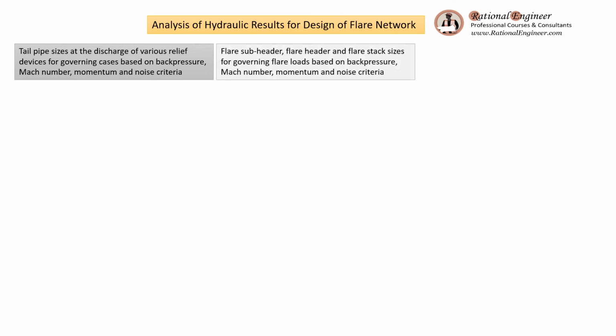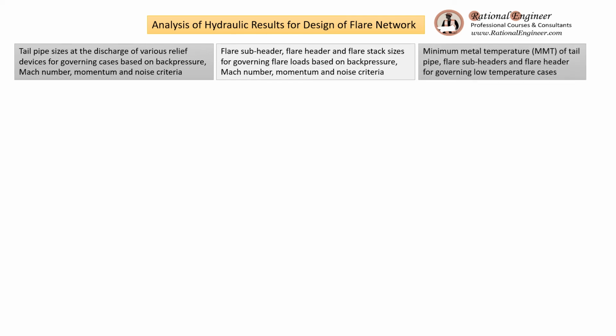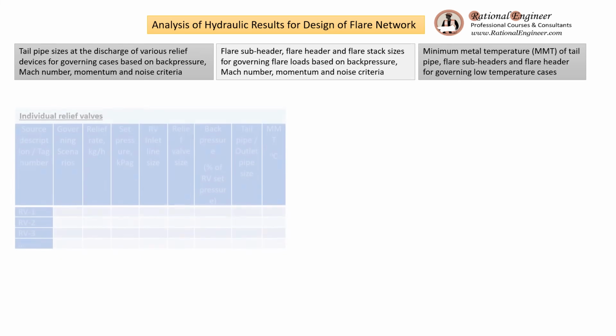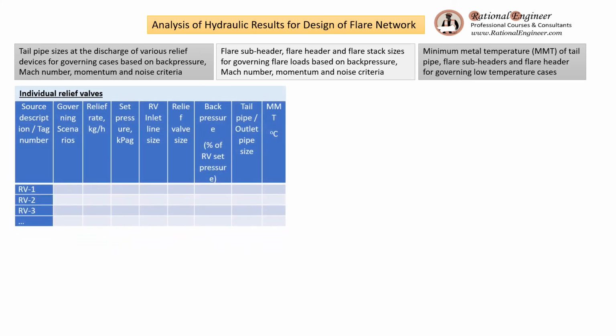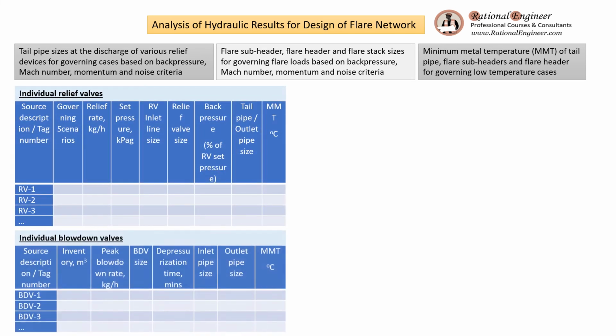We need to estimate the required flare header and flare subheader sizes as well as flare stack sizes for the governing flare loads, again based on various criteria such as back pressure, Mach number, momentum and noise criteria. And we need to estimate the minimum metal temperature of the flare network piping for the governing low temperature cases. Finally, we need to arrive at the conclusions.